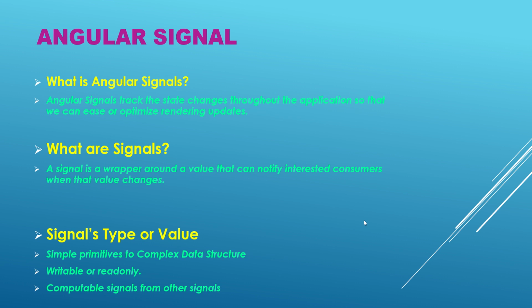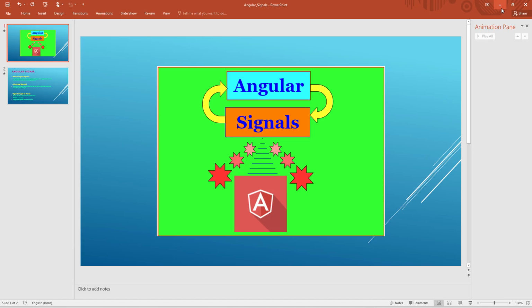Suppose we have created one original signal; from that we can derive a new signal, and once we change the original signal's value, on that state change the computed, or derived, signal will change automatically. This is the meaning of computed signals, and we are going to see examples of all these in our coding part.